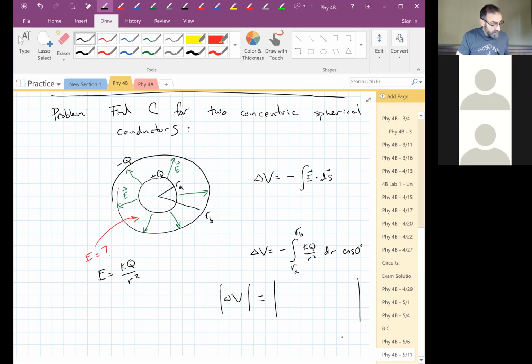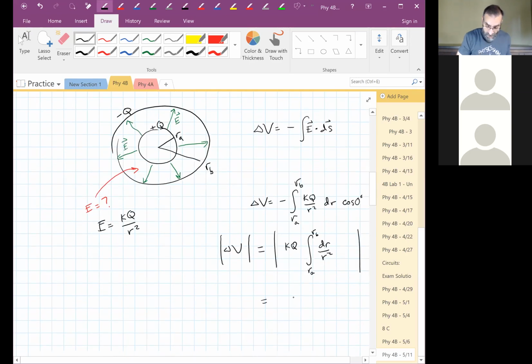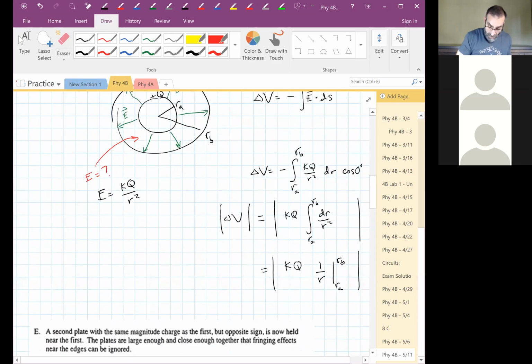All right, so what do we end up with here? We end up with a KQ and an integral of 1 over R squared. And that gives us, I'm dropping my minus signs because I don't care about them, 1 over R from RA to RB. And so where do I end up with this?